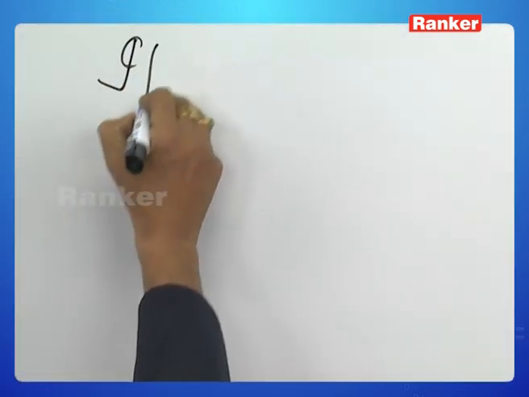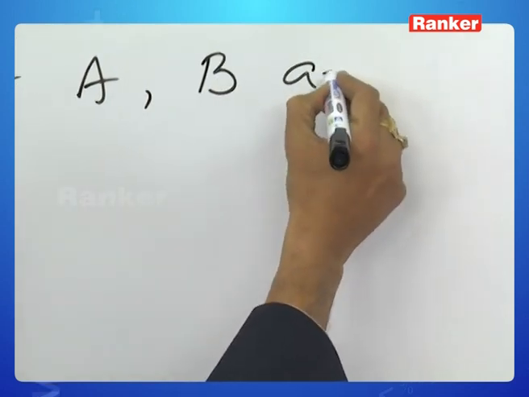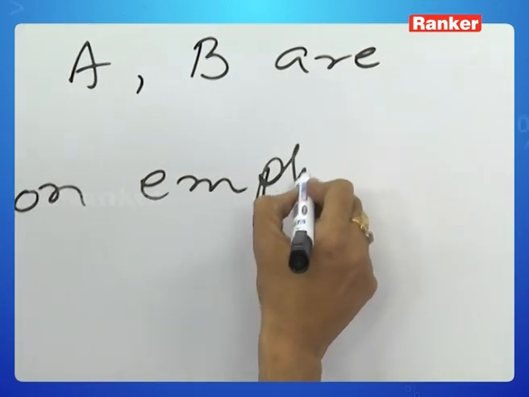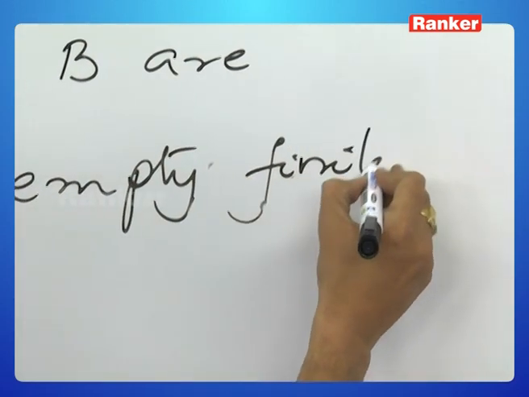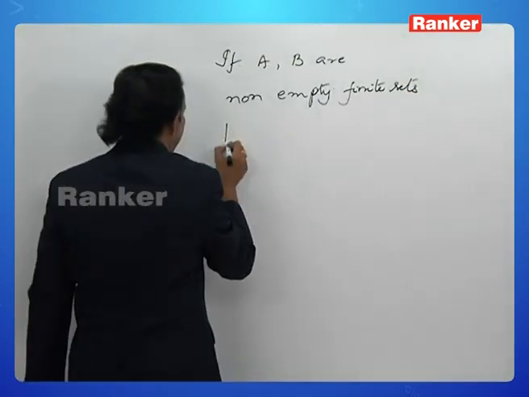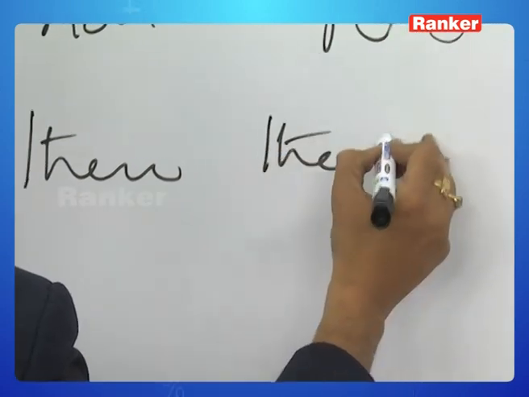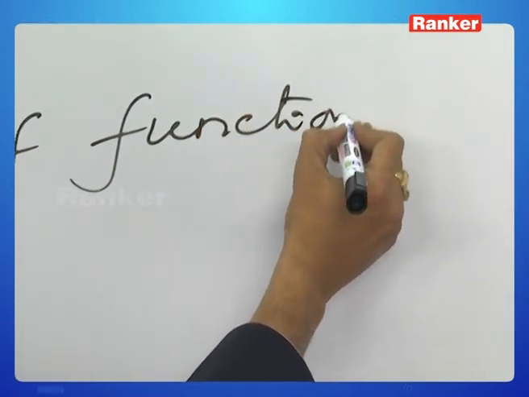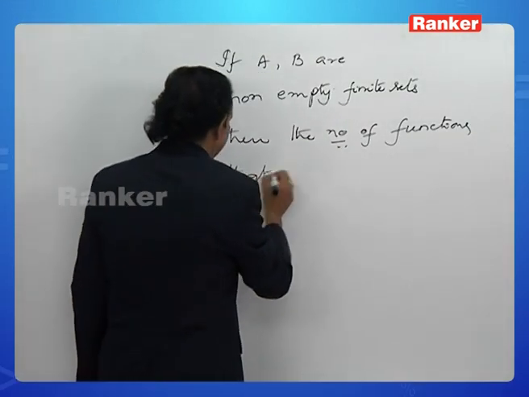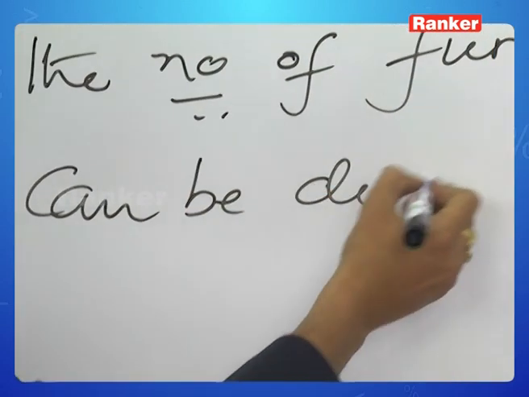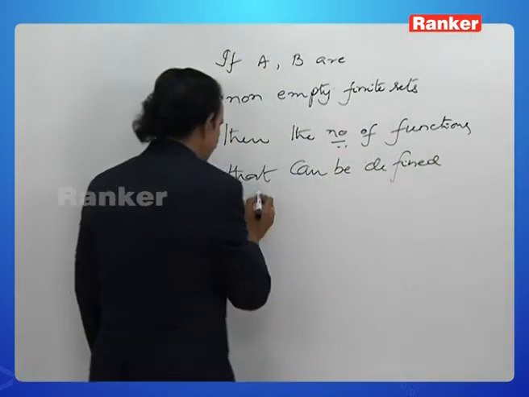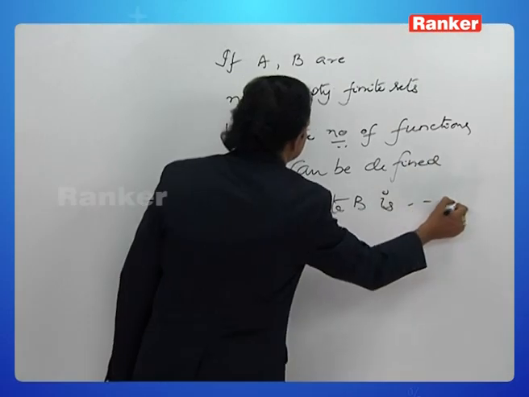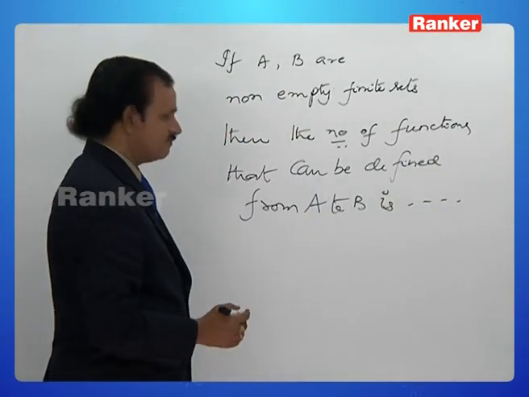If A, B are non-empty finite sets, then the number of functions that can be defined from A to B is one of the familiar answers.